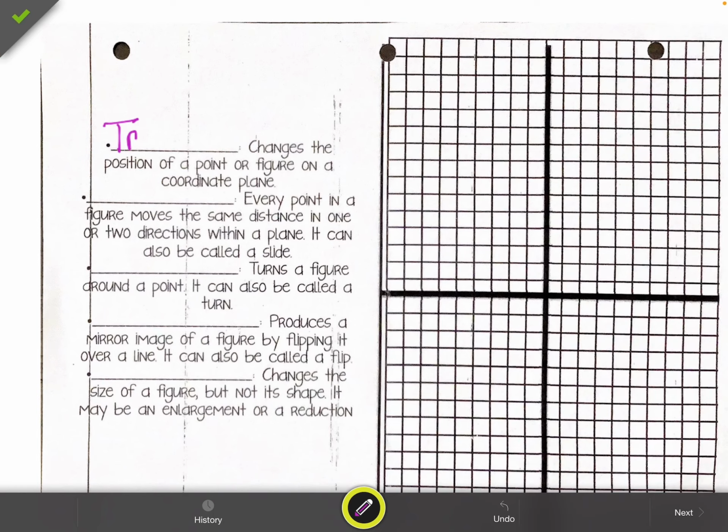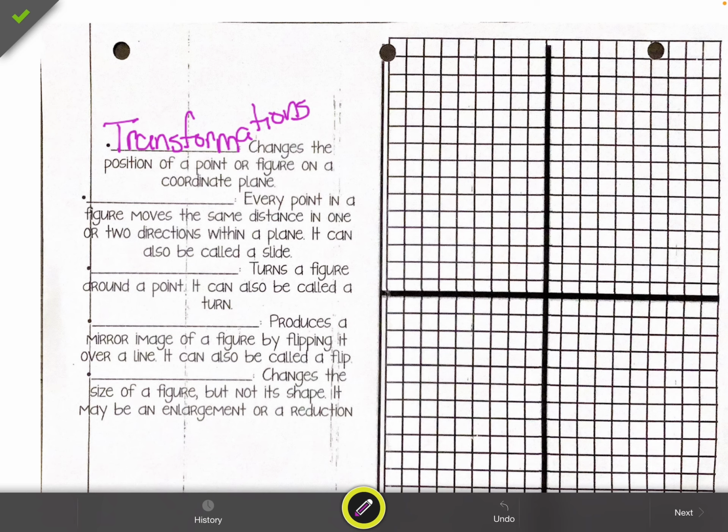Transformations in geometry change the position of a point or figure on your coordinate plane. So transformations is the generic name of the things that we're going to look at. If it changes the position of a point or a figure on your plane, it's called a transformation.